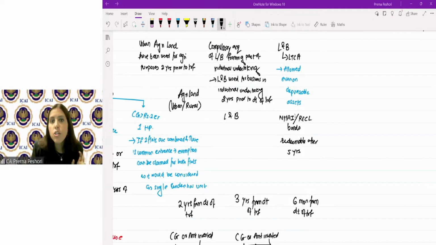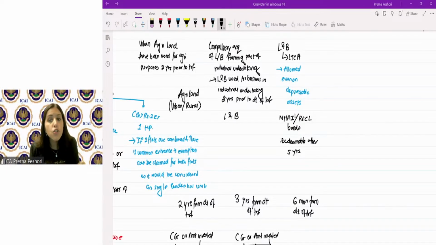Now, the question which arises is, in case of 54EC, the 6 months has to be reckoned from when? If you remember, we had discussed these points when we were dealing with specific sections as well. For example, the conversion of capital asset into stock in trade.